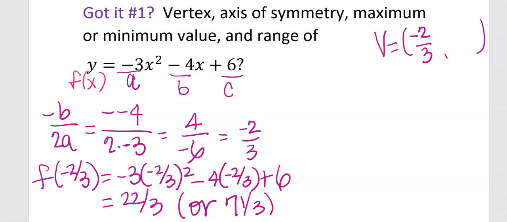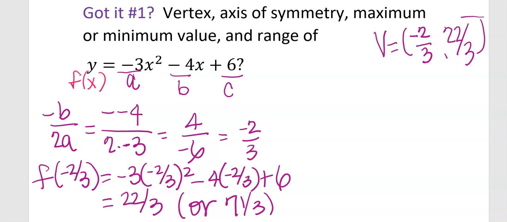I think it usually shoots out the mixed number. Mine shoots out the improper fraction. I like the improper one better. There's just not as many numbers to look at. So my vertex is not very fun. We would not want to graph this one, probably, and it doesn't tell us to anyway.